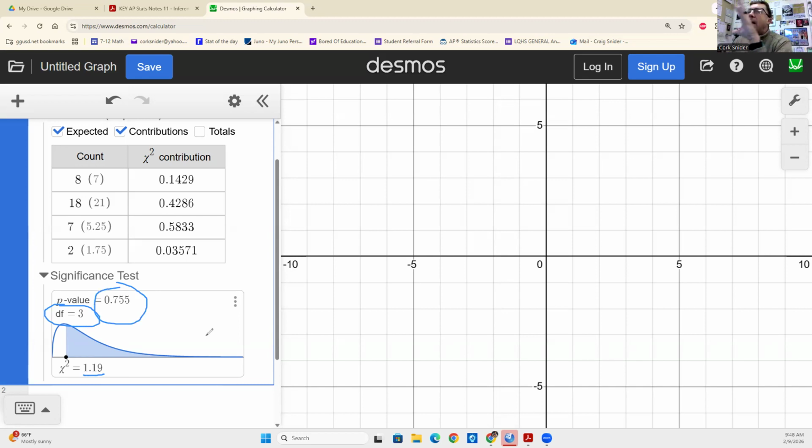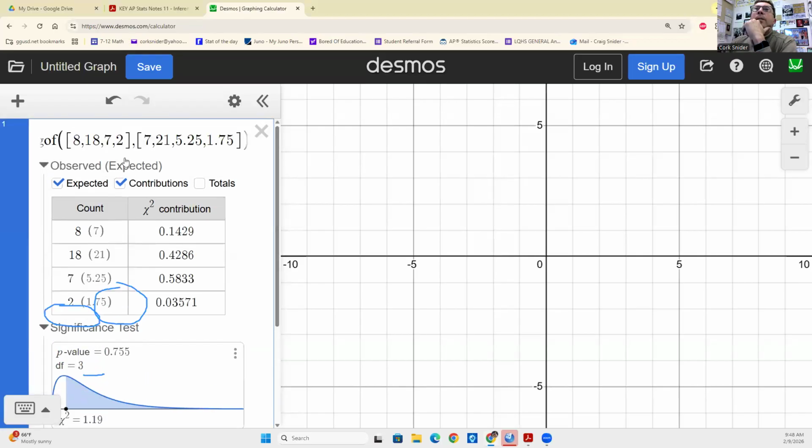We'll talk about HOHA in a minute. But that's how you run the test for the chi-square goodness of fit, called GOF. How well does my data fit a preconceived notion? Let me clear this, and we're going to move on.